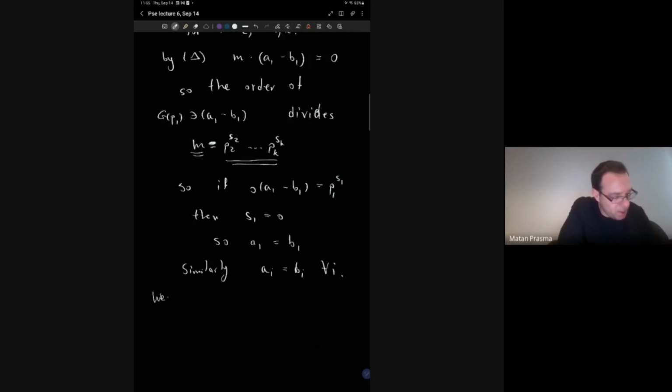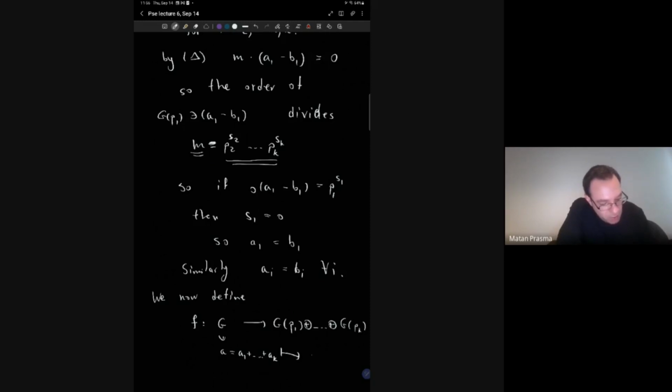We now define F from G into the direct sum by: I take an element A. It has a unique decomposition, A1 plus up to AK, and I map it into the tuple A1 up to AK.